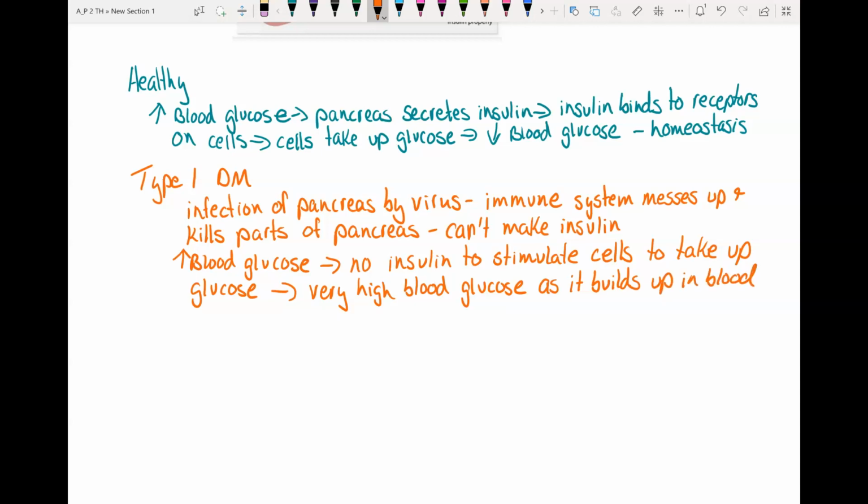What ends up happening is the kidneys filter this glucose out when they make urine. So then that glucose is lost in the urine. This is why diabetes causes glucose in the urine.